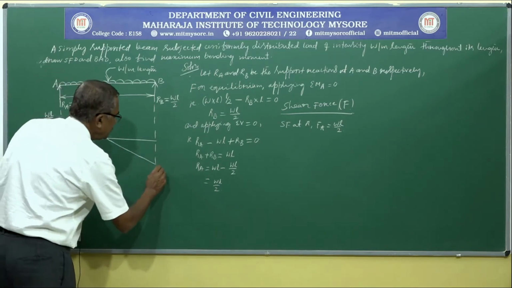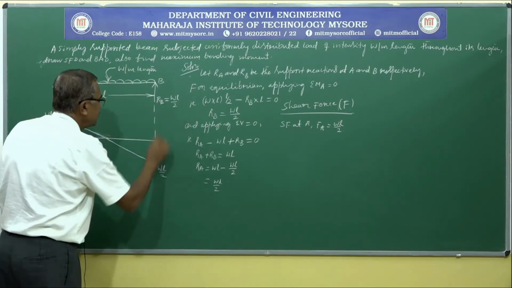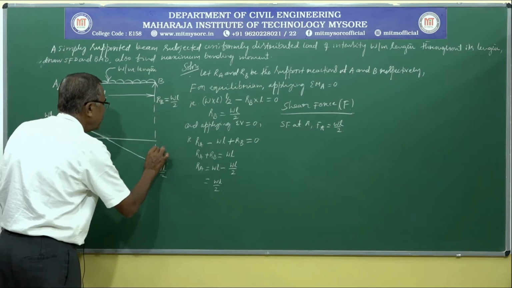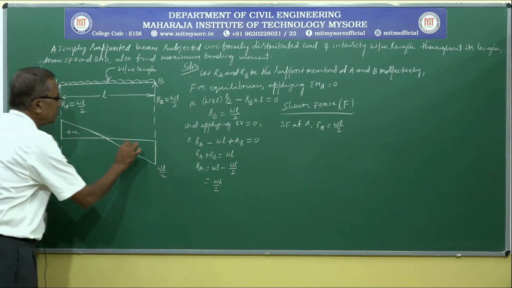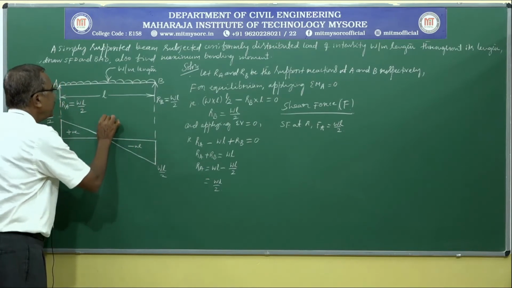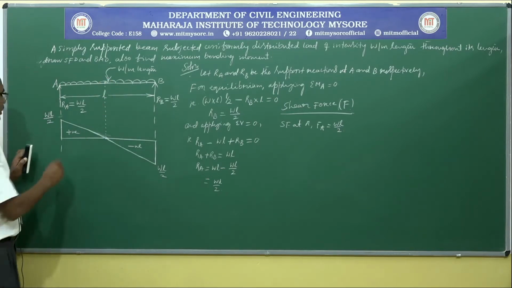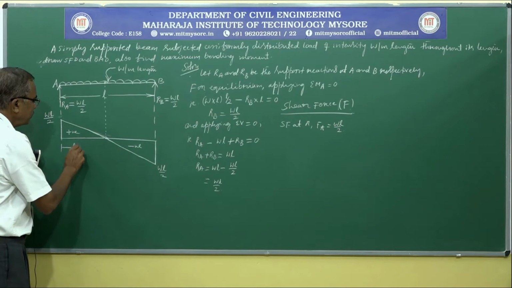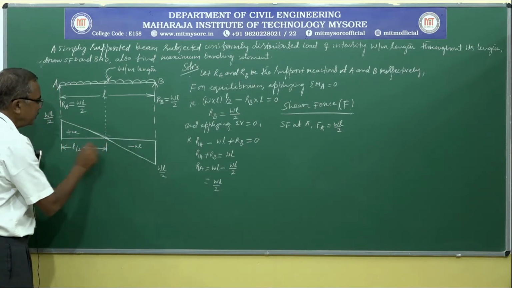and below that line it is again WL by 2, and there is a reaction at B, join with the reference line, positive, negative. So by symmetry one can easily say that the shear force diagram changed its sign from positive to negative at the mid span, means at a span L by 2 from either end.